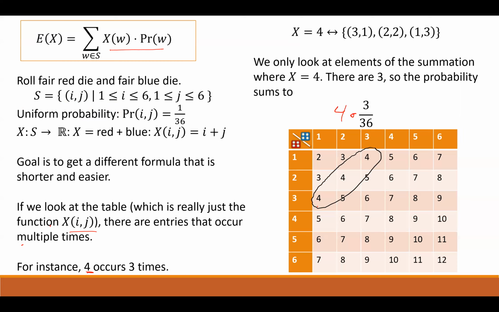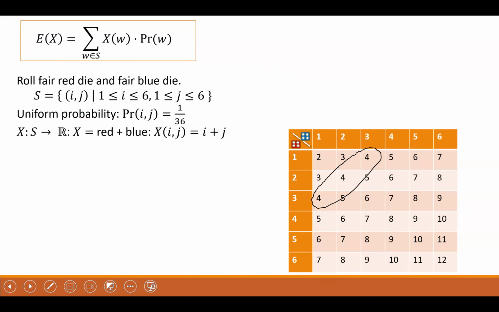If I look at my original equation, it's the value times the probability of that value, but I can gather those values into an event, and then I can look at the value times the probability of an event. We're not doing anything different. We're just looking at it differently, which sometimes helps.